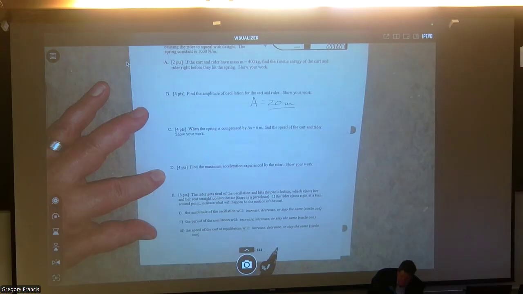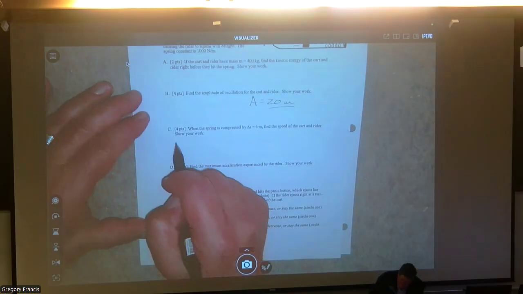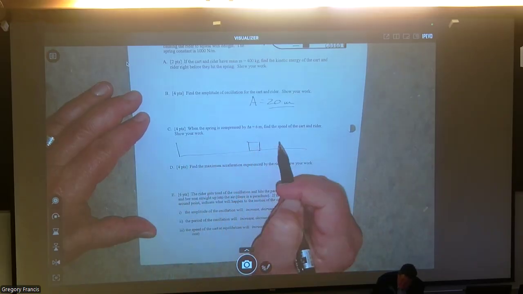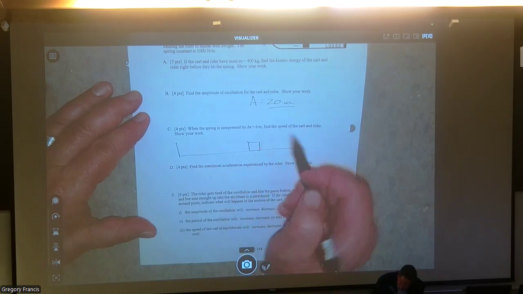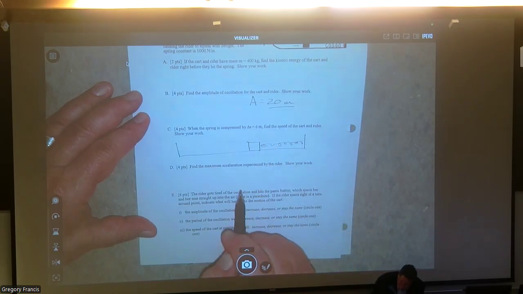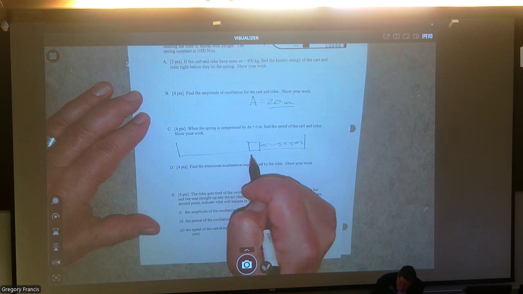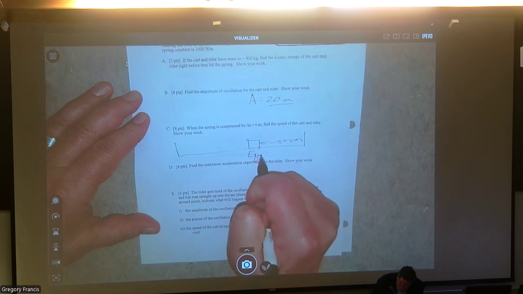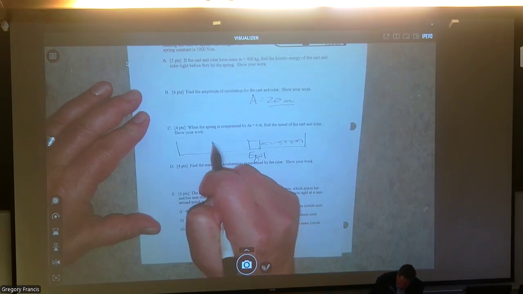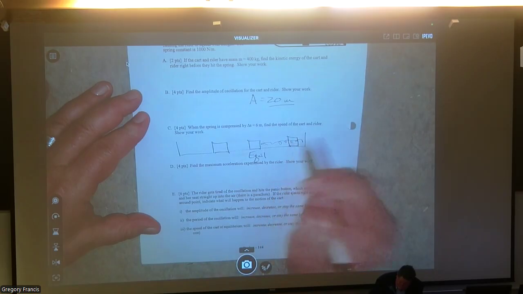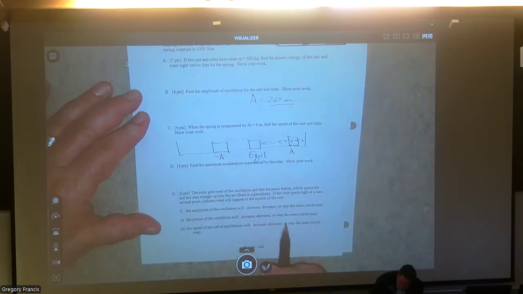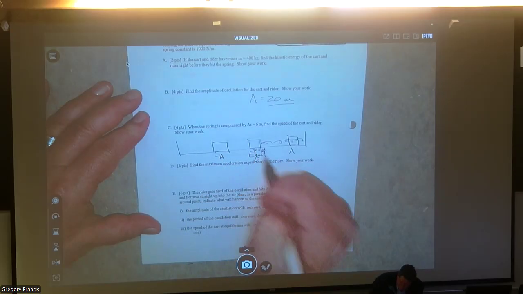And we know that when I have this horizontal system with any kind of a spring attached to a block, there's an equilibrium position where the spring is neither stretched nor compressed. And then we have the turnaround points at x equals A and minus A. We usually call this x equals 0.